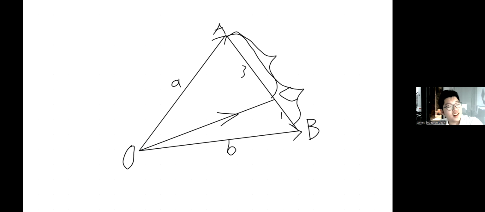But the question is, how do we find AB? We have OA, we have OB, but there is no direct route from A to B. Here's the trick.